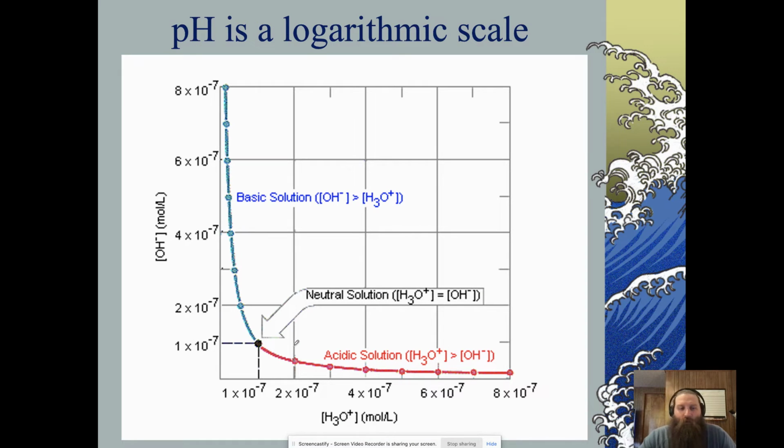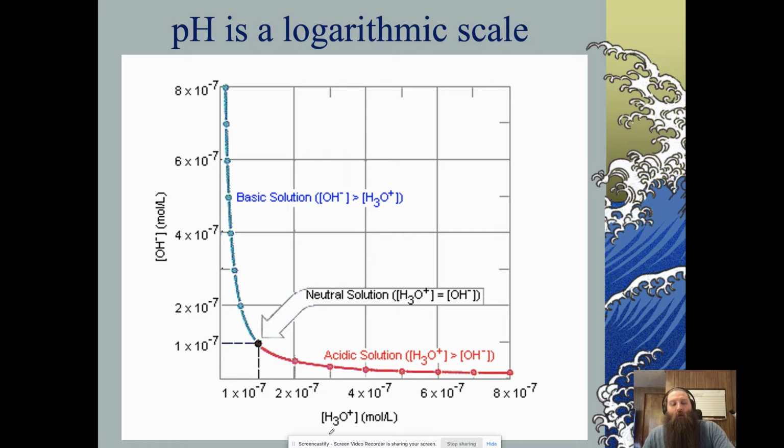We graph a logarithm, we get a logarithmic curve. And if you compare the concentration of hydroxide to the concentration of hydronium at the point where they are the same, which is right here where they equal each other, that is the pH of 7. And look at that, 1 times 10 to the negative 7th.